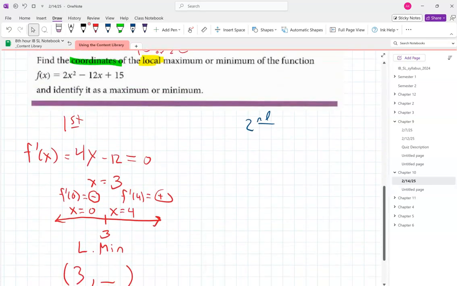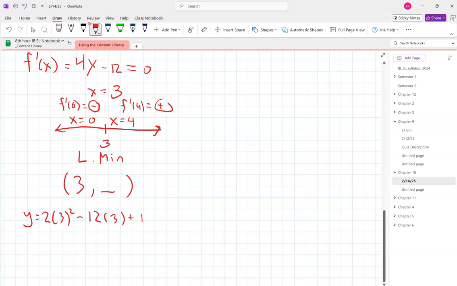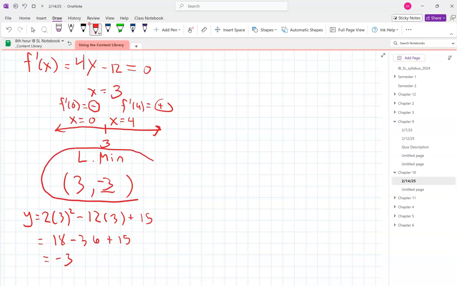So we got 18 minus 36 plus 15. So that's going to be negative 3. So we have a local minimum at 3 comma negative 3. Feel good there?